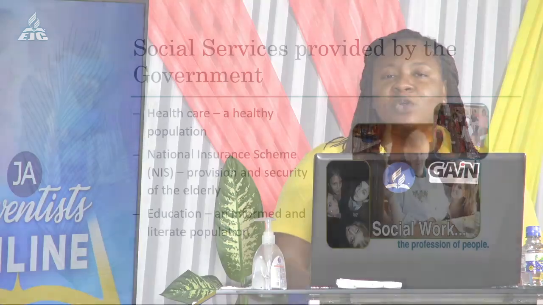Remember, when you're working, you would have been paying income tax, remember? Good. So now this is our time to benefit. Now that we are not working, we are now elderly. We benefit from whatever we were paying in terms of taxes, now as a National Insurance Scheme. Good? So notice it said it's a provision for the elderly. Good? So you see where we're benefiting now. Good? We also benefit through education.